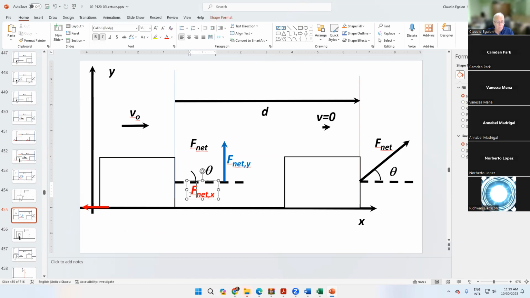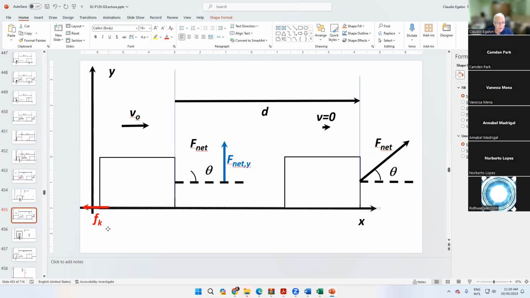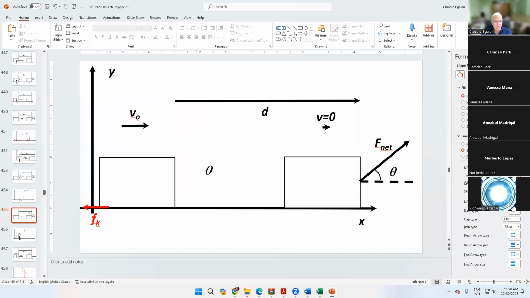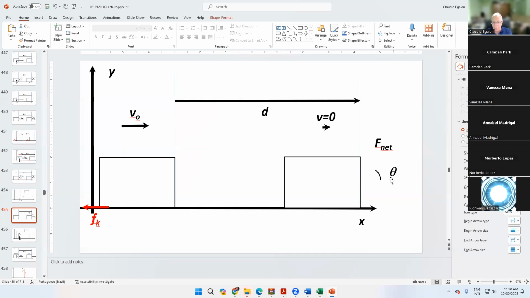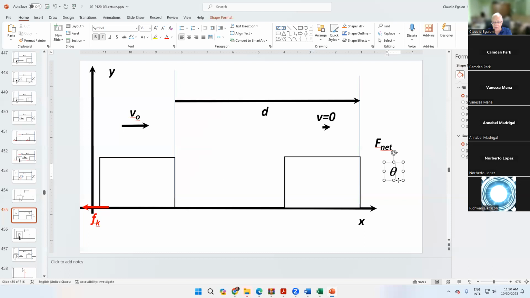The car locked the wheel. Like that, kinetic friction. I'm going to erase that. All right. And then the car comes to a stop after a distance d.